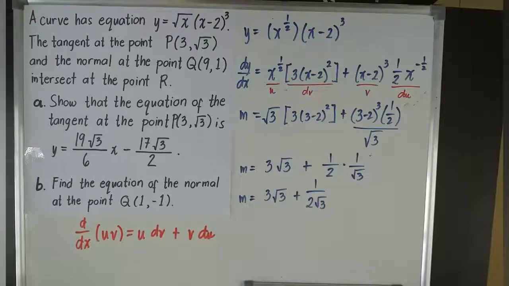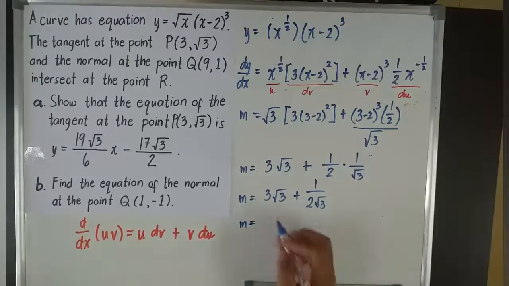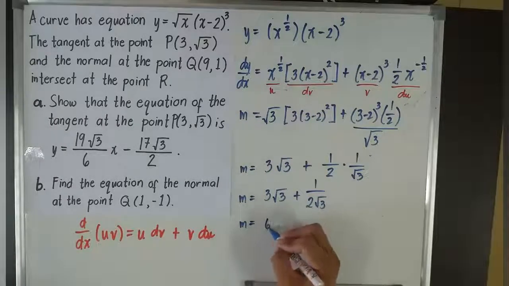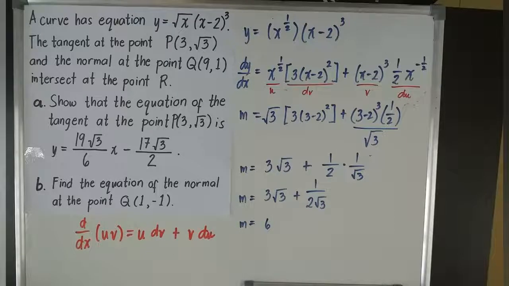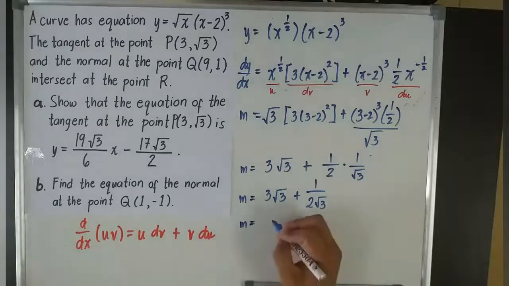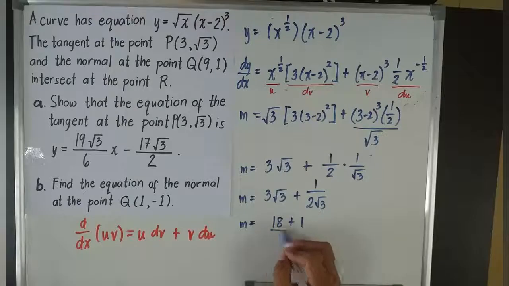Remember, you can add these two. So m is equivalent now to, this is over 1. This times this will become 6 square root of 9. What is the square root of 9? It will become 3. So 6 times 3 will become 18 plus 1 over 2 square root of 3.